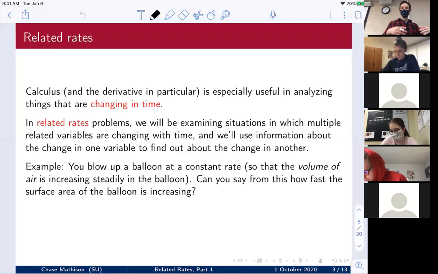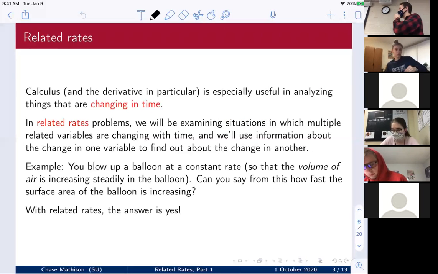If you know that, can you say how fast the surface area of that balloon is growing? The answer is yes. After today, we'll have all the tools we need to analyze this problem. The best way to look at related rates problems, I think, is to dive right into an example.